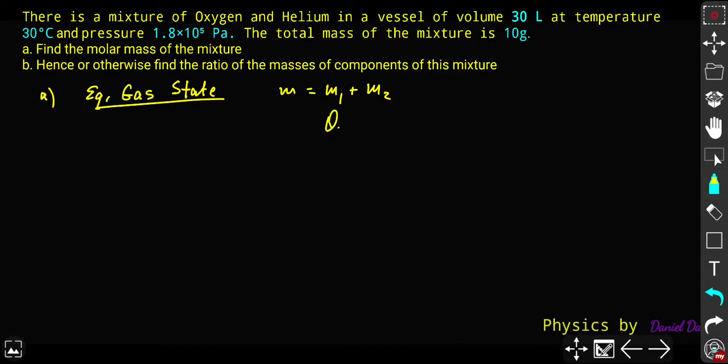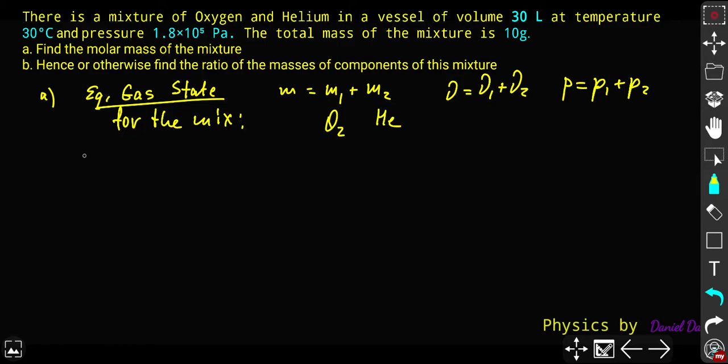I marked O2 for the first component and helium for the second one, but I will use notation M1 and M2. The new number of moles is going to be nu1 plus nu2. And for the pressure we have P1 and P2, the resultant pressure, so we can put the equation for the gas state for the mixture.